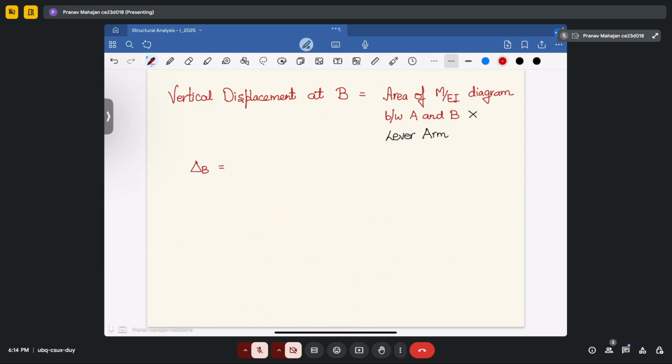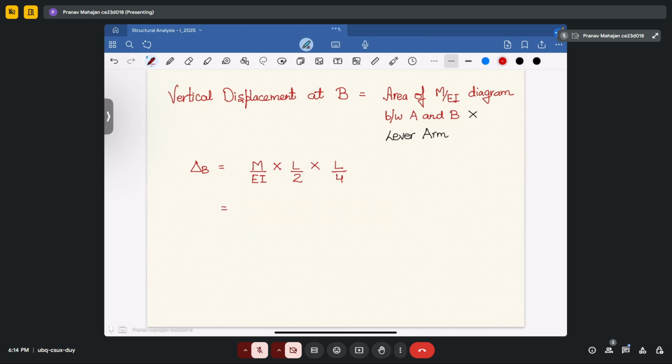suppose we are mentioning it to be delta B. So that will be equal to area of the bending moment diagram, that will be M upon EI into L by 2. And now its lever arm, and lever arm will be L by 2 by 2, that will be equal to L by 4.